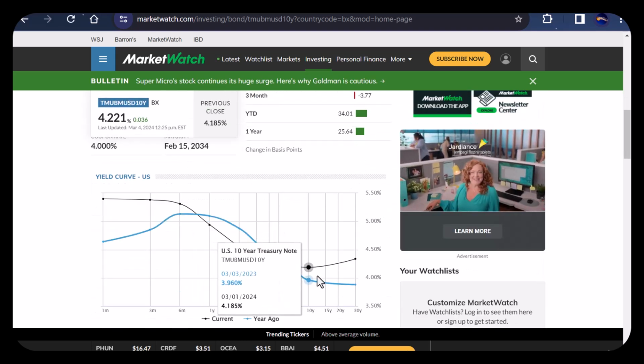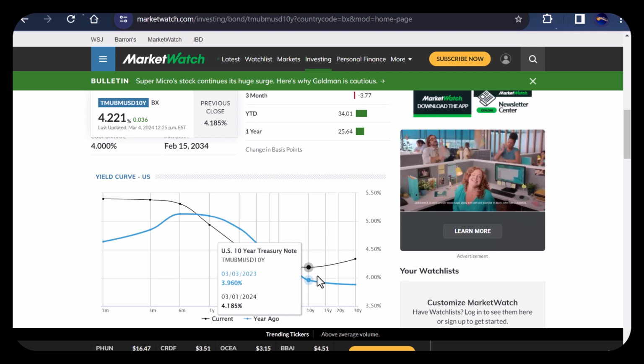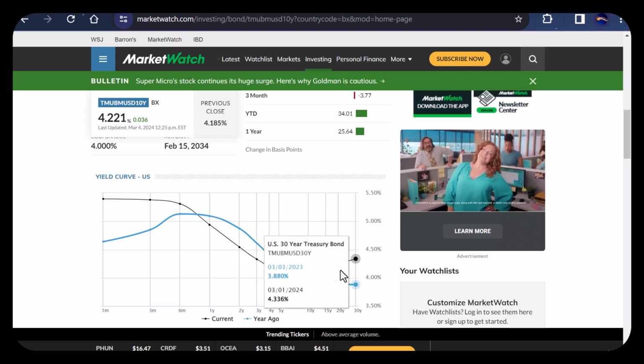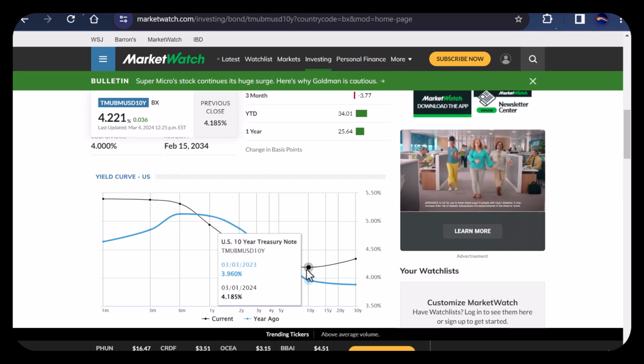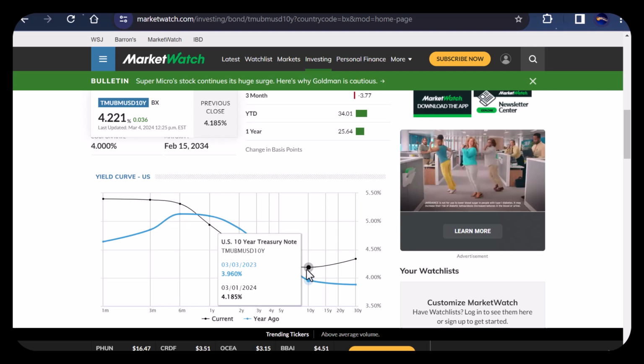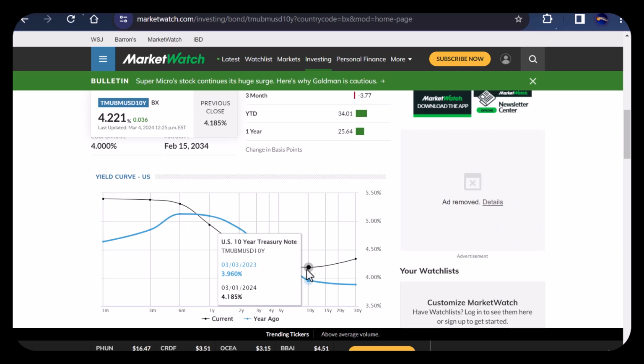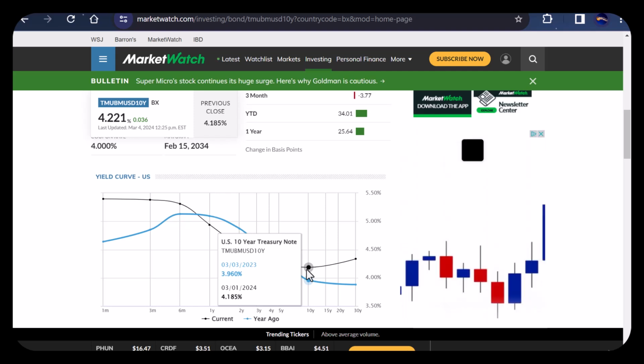The 10-year yields 418, right? And well, it's not here. It used to be. They changed it. What's interesting is 20-year bonds are yielding higher than 30-year bonds. What's the difference between 10-20 versus 20-10? Not much. But 20-year bonds are not as liquid, so they command a little bit higher yields. That's where the liquidity premium comes in.